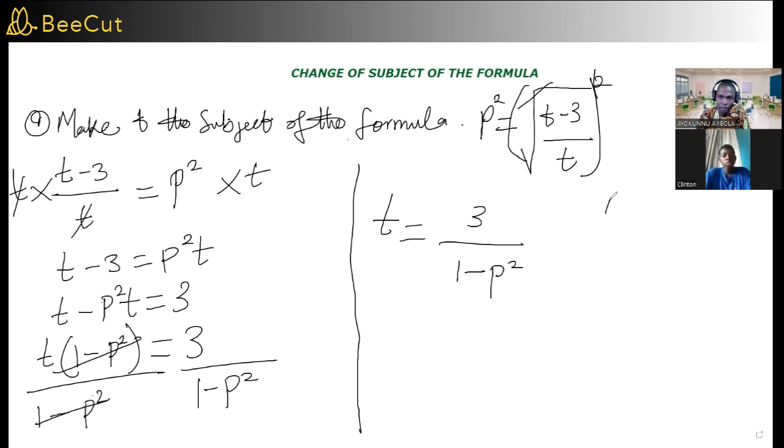Just look at something like this. T divided by T will give me what? 1. So T cancels. But if I do the other one, P squared T divided by T, T will cancel T. What do I have? P squared. So is that clear? Yes, sir.